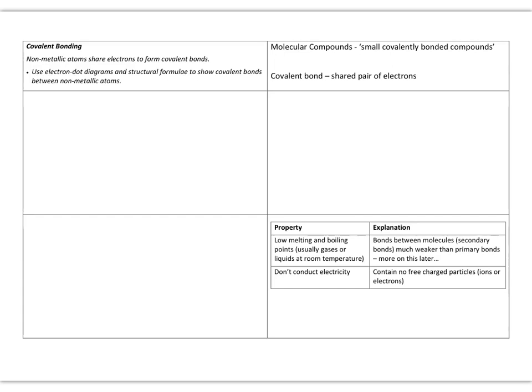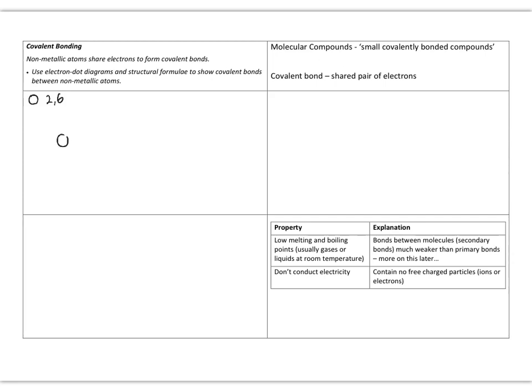So let's start with an example using oxygen. Oxygen has an electronic configuration of 2, 6. We're only going to worry about the valence electrons.